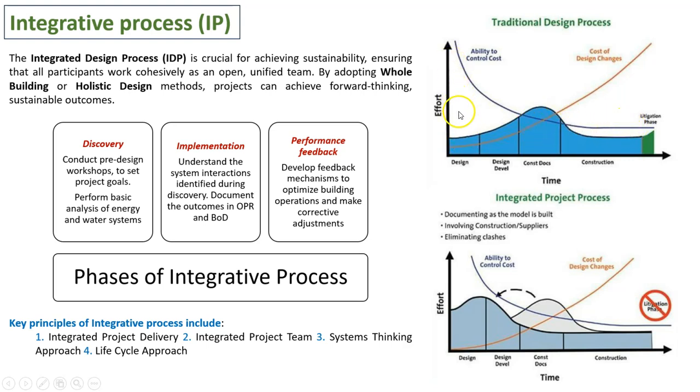Initially, at the design stage, you have better control over the cost and other things. On the other hand, look at the cost of design changes, which is very important. When you start your construction you are at a zero point, and you can overlook all the requirements, connect them in an integrated way, and achieve them in your design at a very early phase itself.